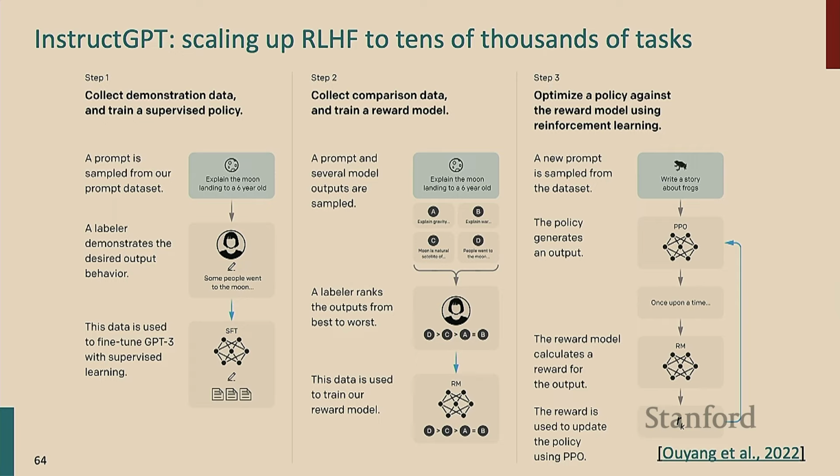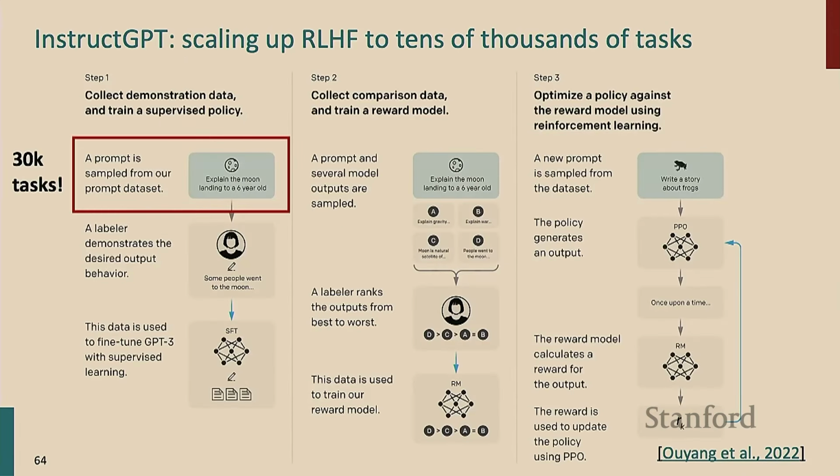These three pieces are the ones we've just described: the first piece being instruction fine-tuning, the second being reward model training, and the last part being RLHF. The difference here is that they use 30,000 tasks. Again, with the same instruction fine-tuning idea, it's really the scale and diversity of tasks that matters for getting good performance for these things.